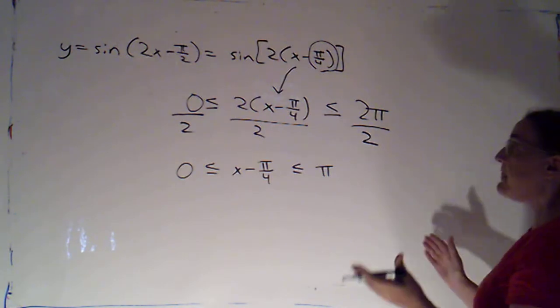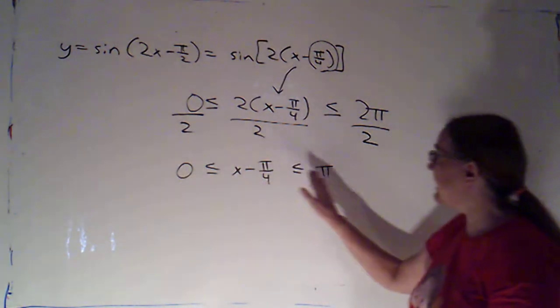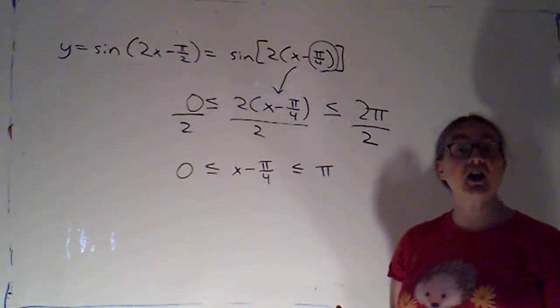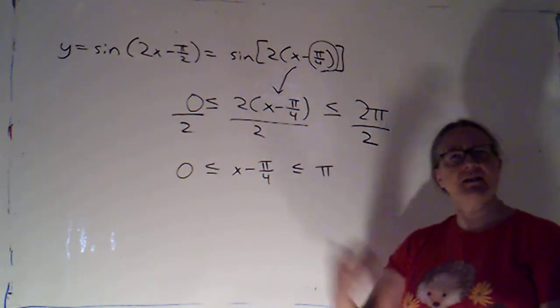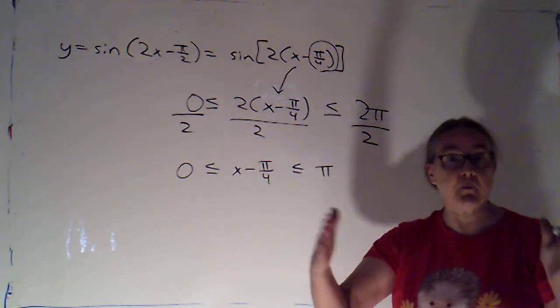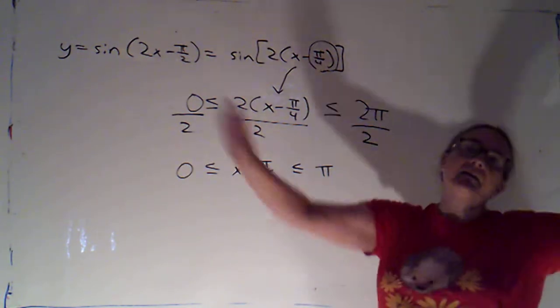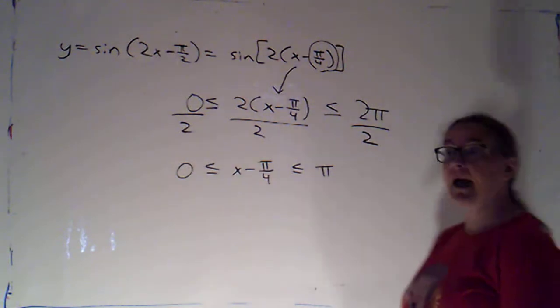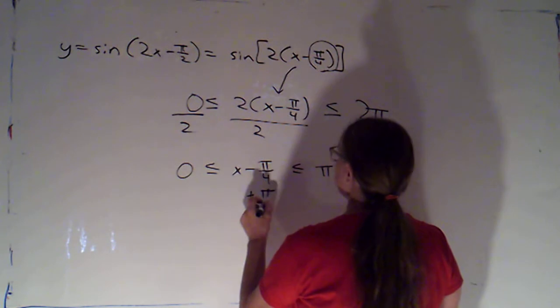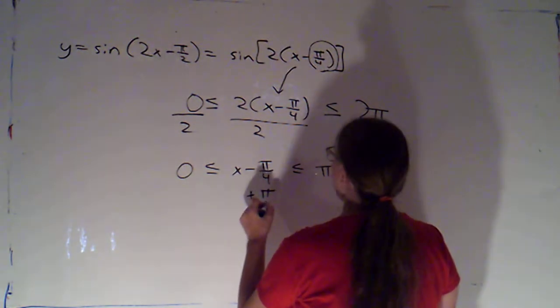So I get 0 less than or equal to x minus pi over 4 less than or equal to pi. That gives me a new starting and ending point, and that would be the starting and ending point if I was just doing the shrinking. We did that a couple videos ago, and we saw that we started at 0 and we ended at pi for the one full period that we drew, and then it went on forever and ever repeating that pattern. Now to solve for x, to do the other transformation, I'm going to add pi over 4.